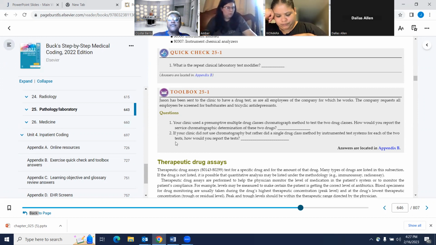So the next one, if your clinic did not use chromatography, but rather did a single drug class method by instrument test systems for each of the two tests, how would you report the test? Number 2.